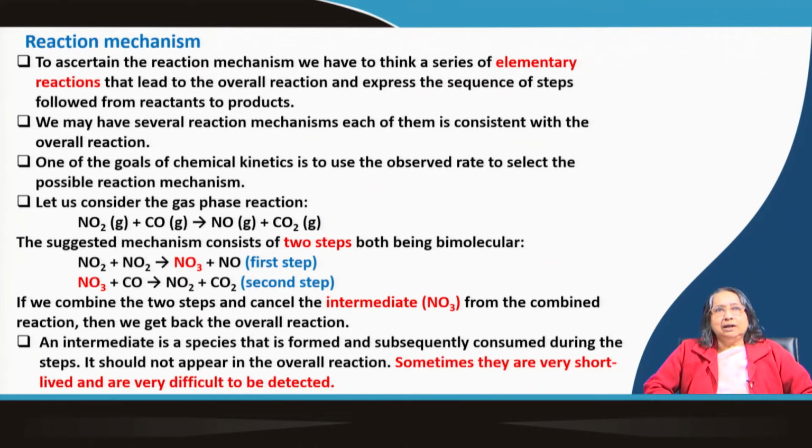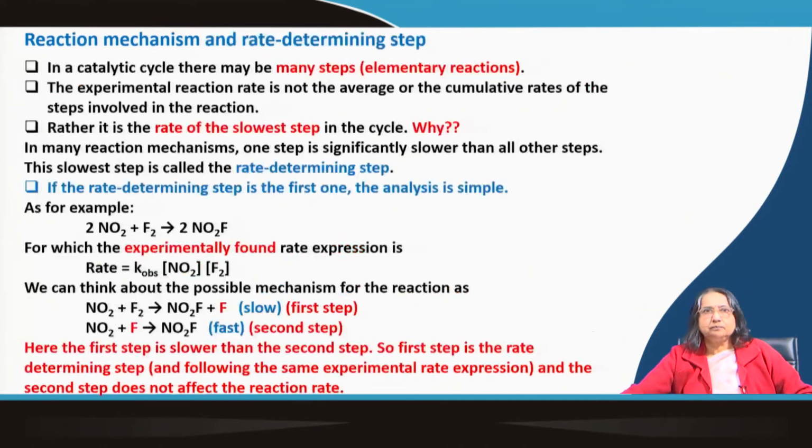If you want proof that the intermediate is formed, you need some instrument, but sometimes the intermediates are so short lived, with transient existence, that it is very difficult to observe them. There are very sophisticated instruments which can detect those short lived intermediates also, but here I am not discussing that.